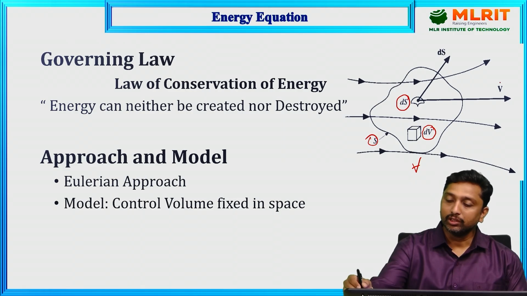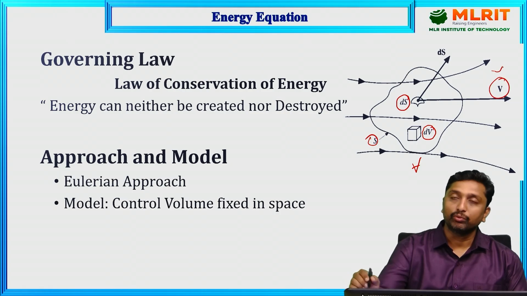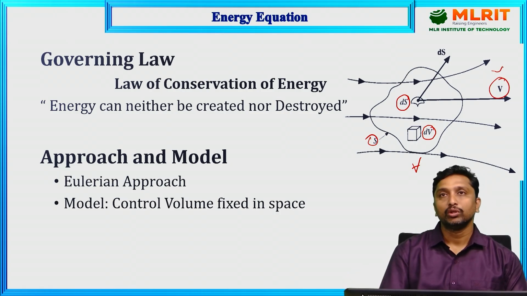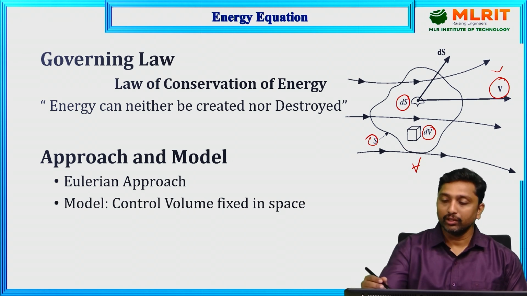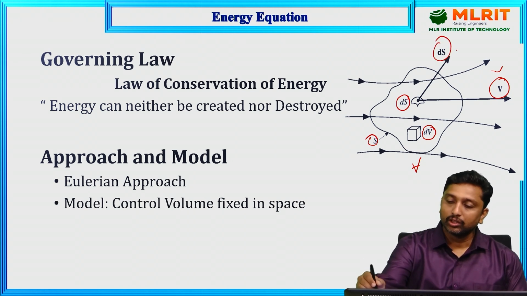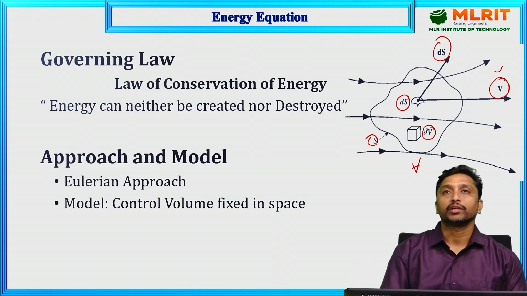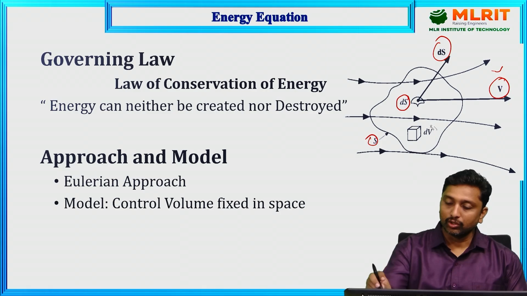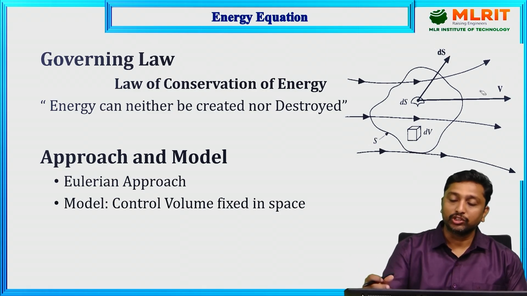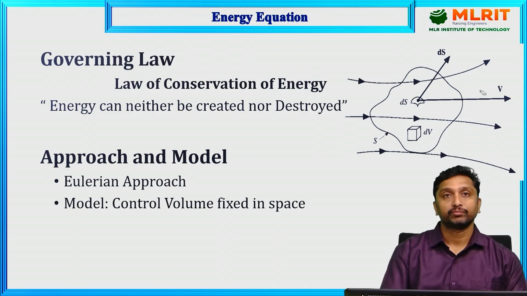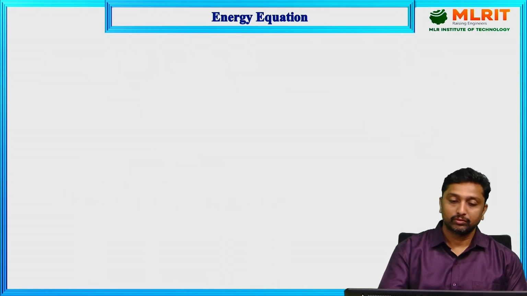You can see this is the total velocity of the flow along the direction, where dS indicates the surface area normal to the flow direction. This is the control volume we are going to consider for our derivation, and it is assumed to be fixed in space.